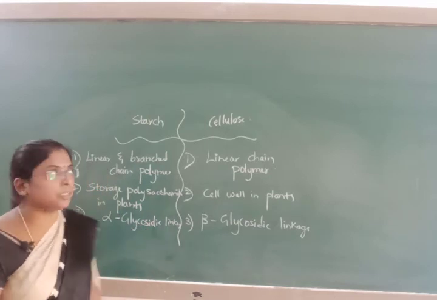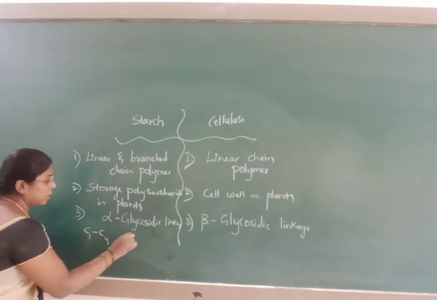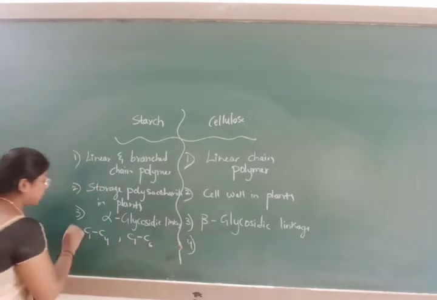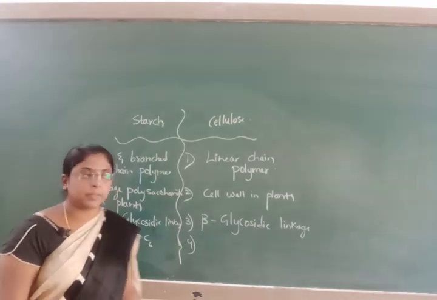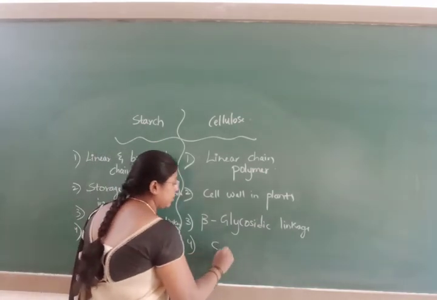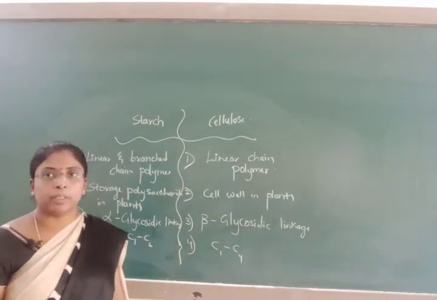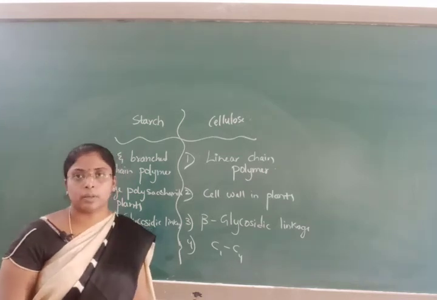Two types of linkages are seen in starch, that is C1-C4 linkage as well as C1-C6 linkage. Whereas in cellulose only one type of linkage is observed, that is C1-C4 beta glycosidic linkage. This is the difference between starch and cellulose.